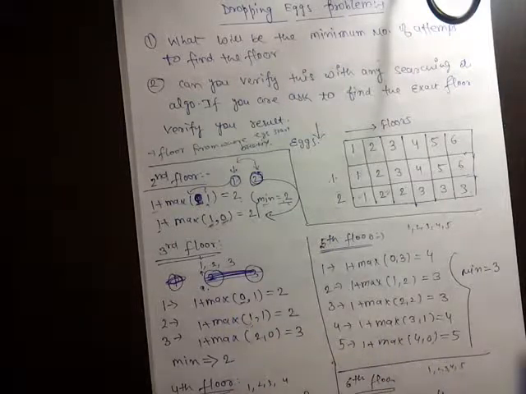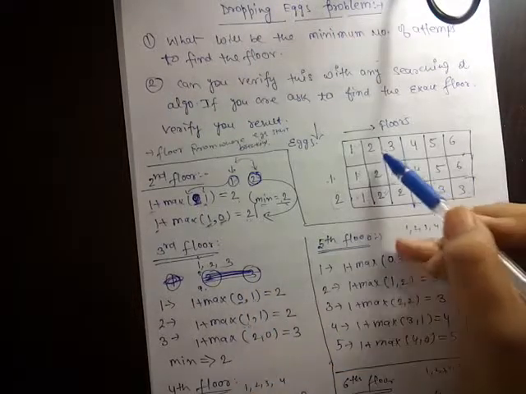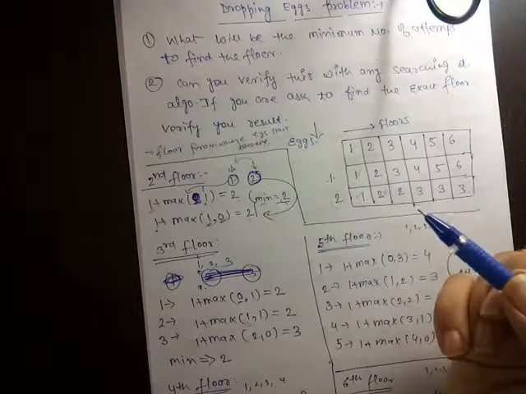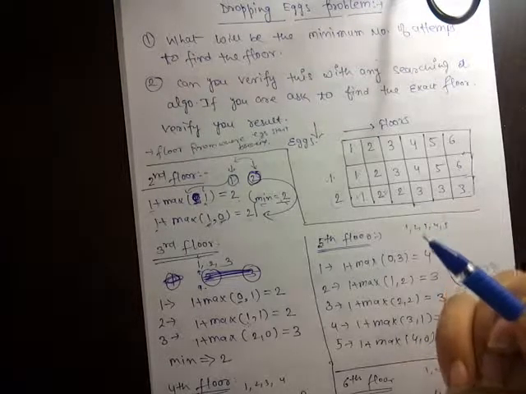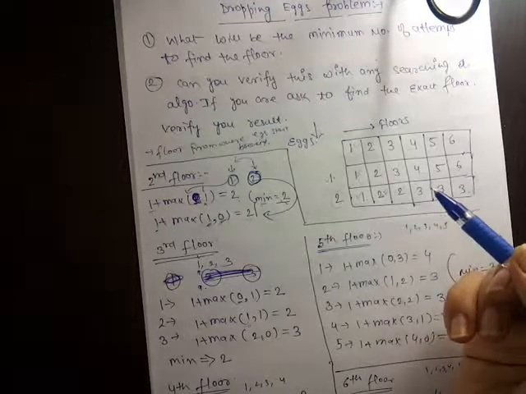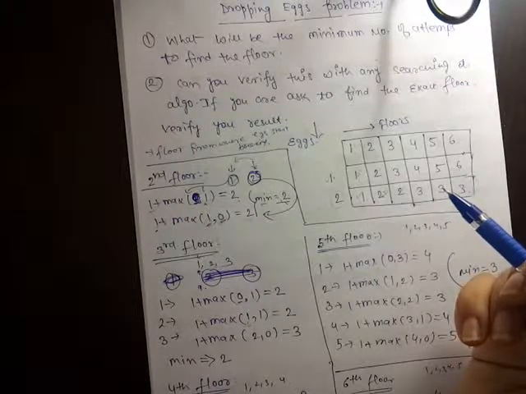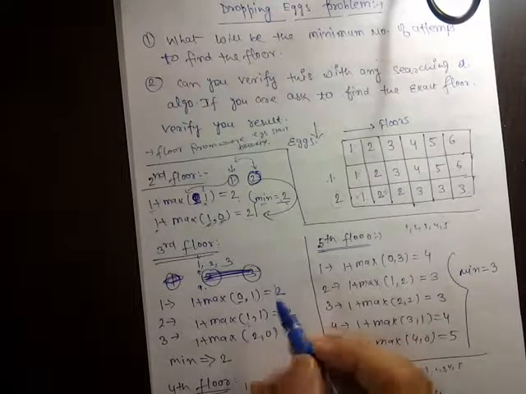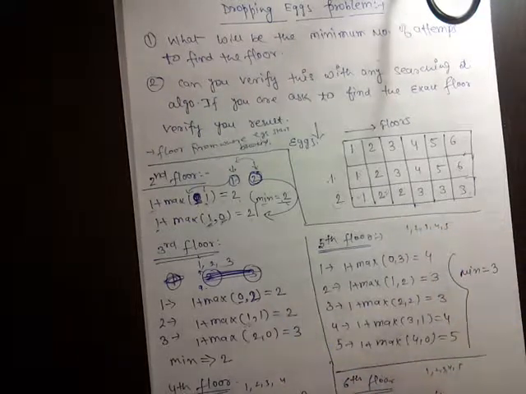So I will check for the remaining 2 floors. 2 floors and 2 remaining eggs. The answer is 2. Two floors and 2 remaining eggs will be 2. This will be 2.